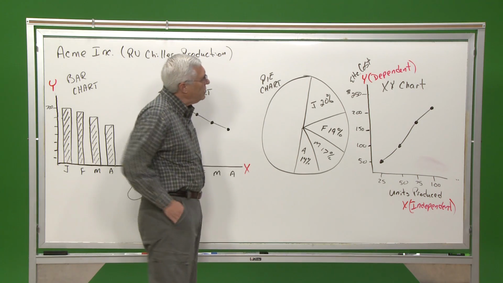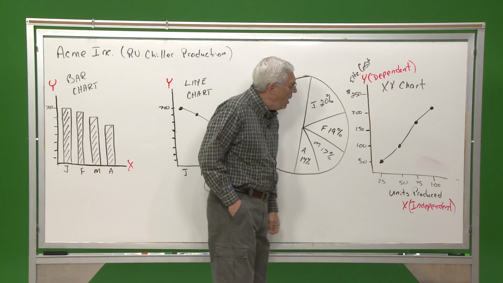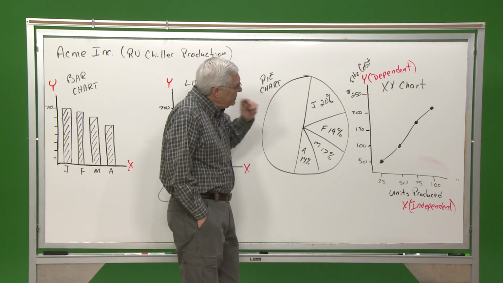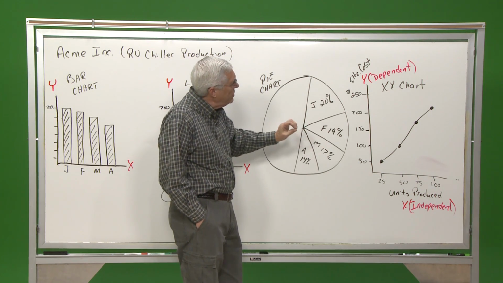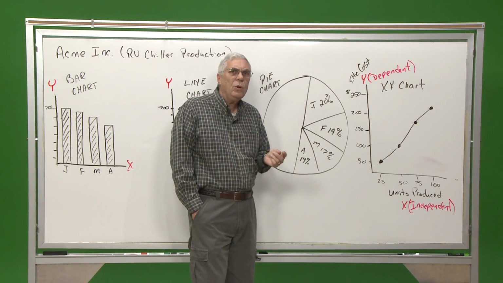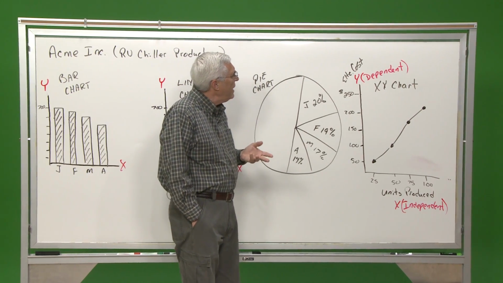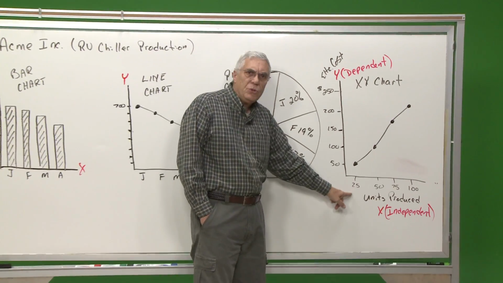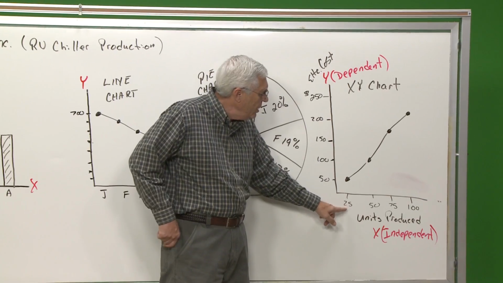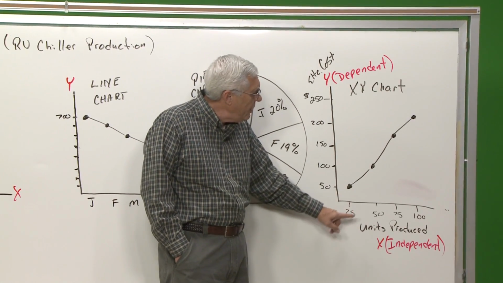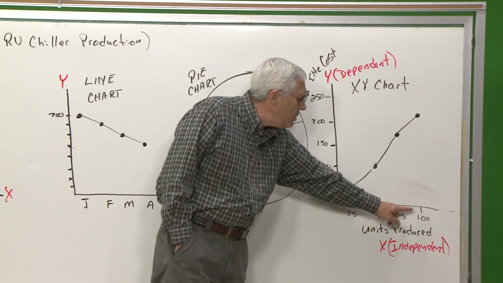Probably the most sophisticated of the charts is the XY. The XY chart changes things a little bit, and what it does is it takes a look at two related items of data. And the two related items of data we're looking at here are the units produced. All right, we had that over here. The units produced, so what if I produce 25 units, 50 units, 75 units, 100 units?